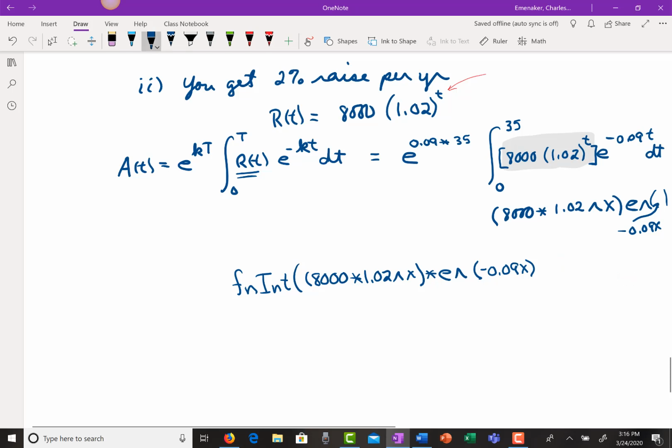Okay, so we've got all of our parentheses closed. Put in x, put in 0, put in 35, press enter.